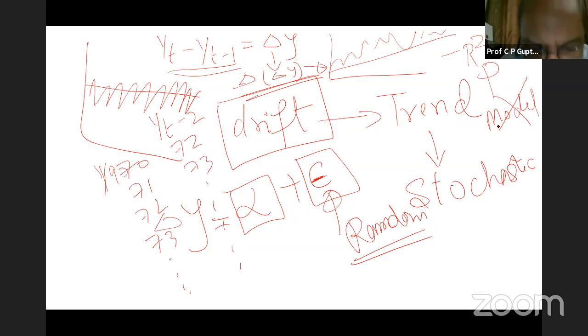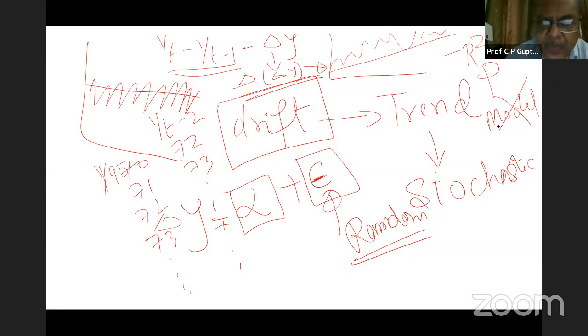Dr. Vijay is asking what about the diagnostic techniques? Diagnostic techniques means whatever assumptions you have made in a particular model, you have to test that model so that you can say that your model is a correct model.